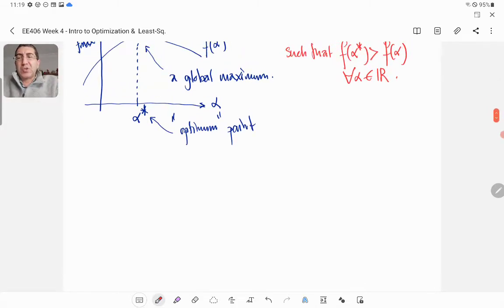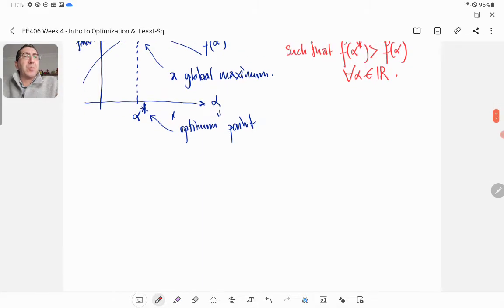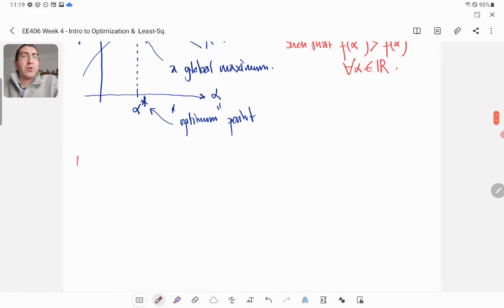All right, so now in order to find such a point, we talk about something called the necessary conditions. Necessary conditions means if we are looking at a maximum, the optimum point, these conditions should hold.